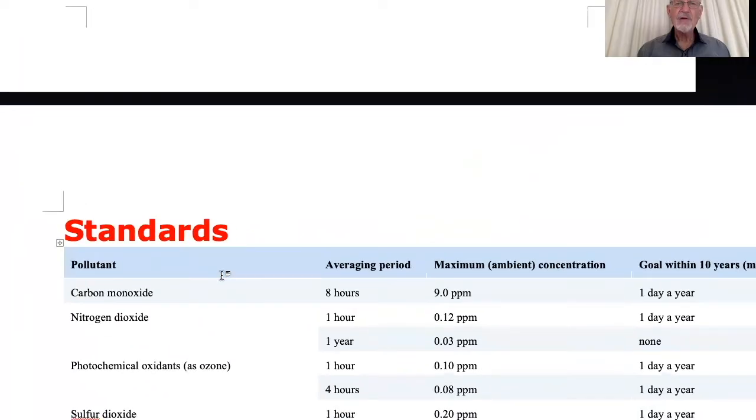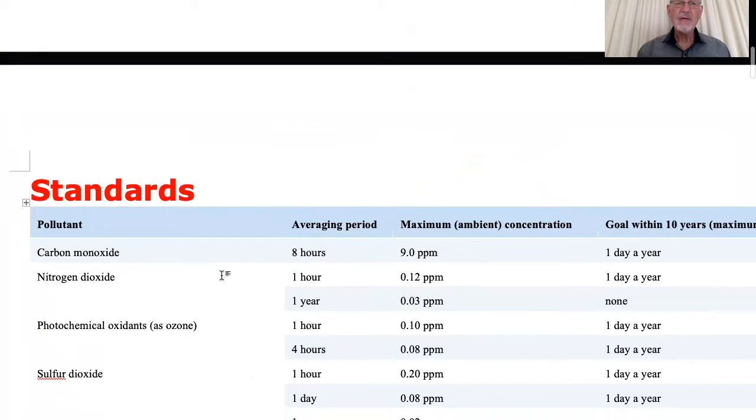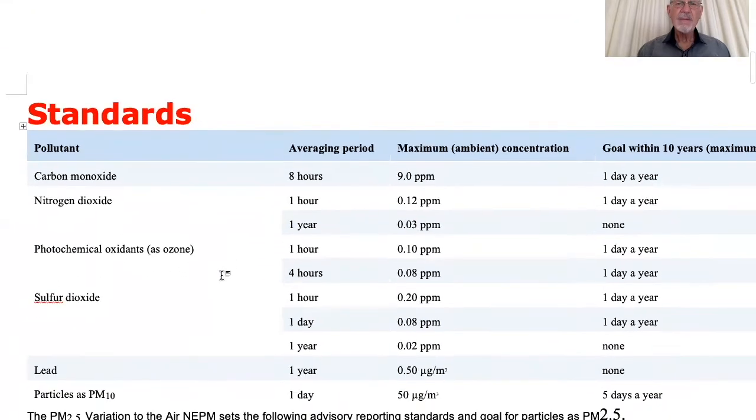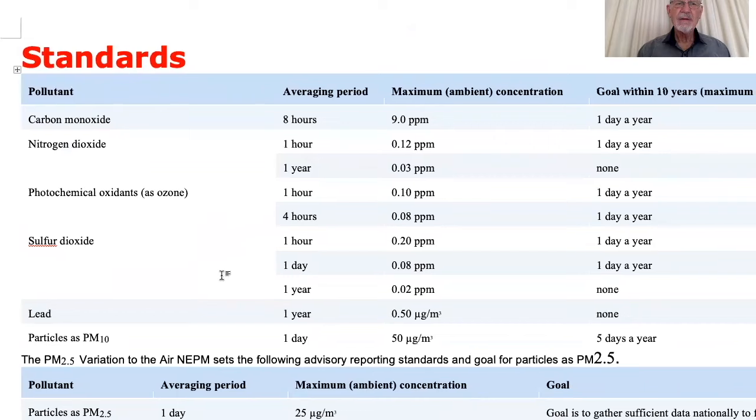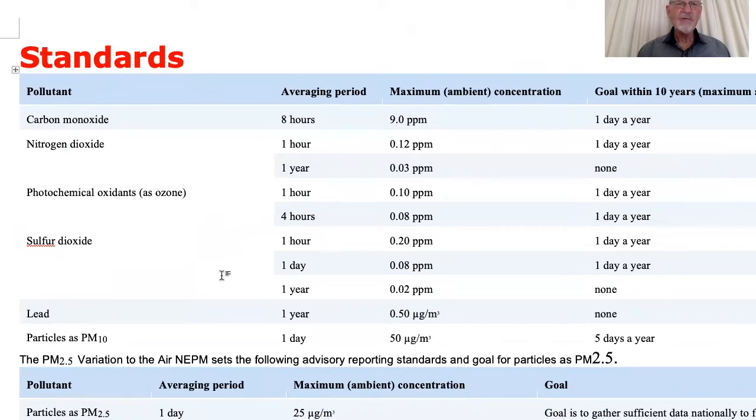The first thing I want to look at are standards. This is a fairly comprehensive table showing standards of the various pollutants: carbon monoxide, nitrogen dioxide, photochemical oxidants, and sulfur dioxide.